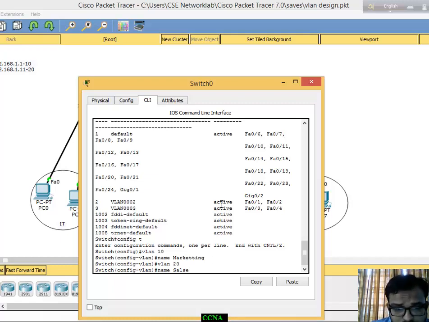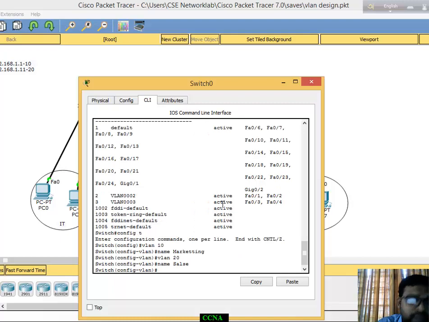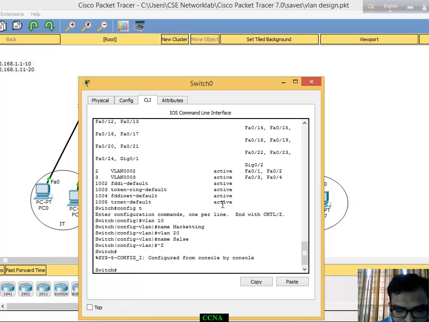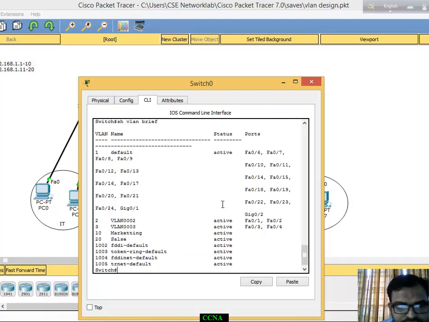So we can see here a VLAN brief. Marketing department VLAN 10, VLAN 20.